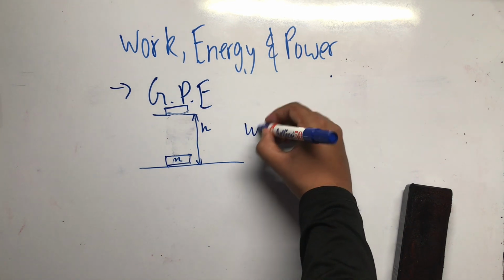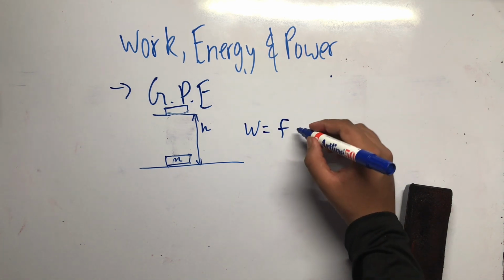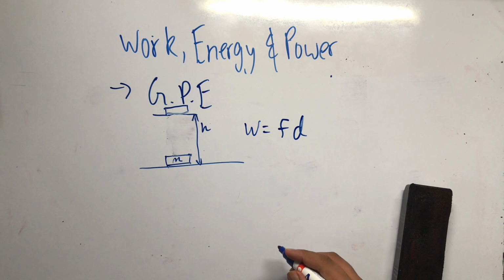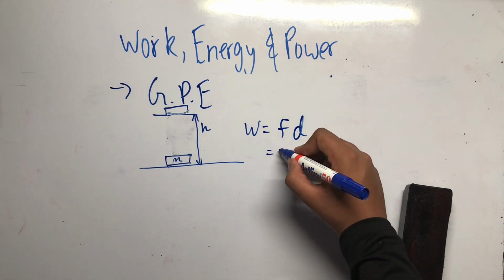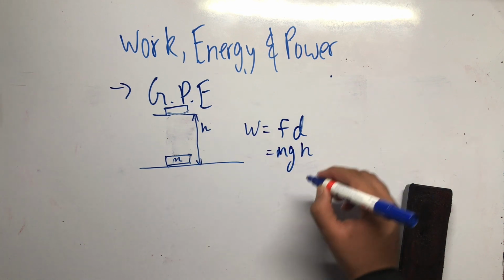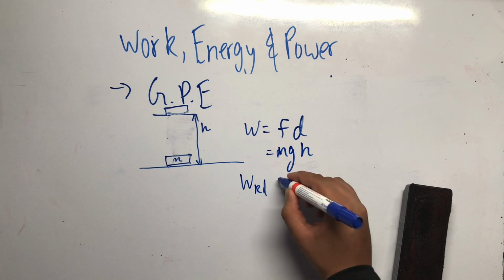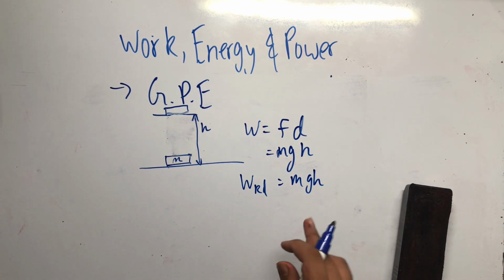So again, work done is equal to the force times the displacement in the direction of the force. So work done is equal to your force, which here in this case is equal to mg, and your distance is equal to your h. Hence the work done is equal to mgh, and this is the formula for gravitational potential energy.